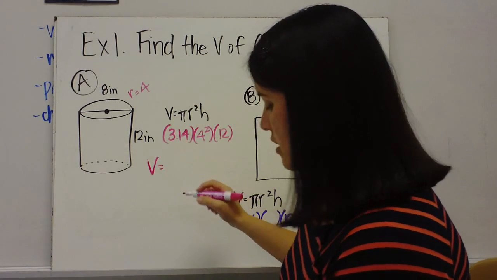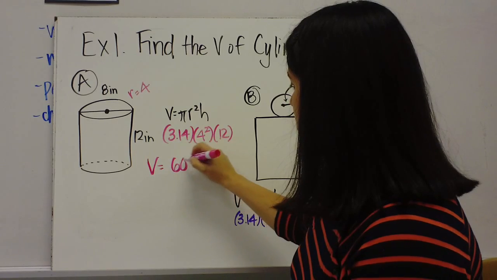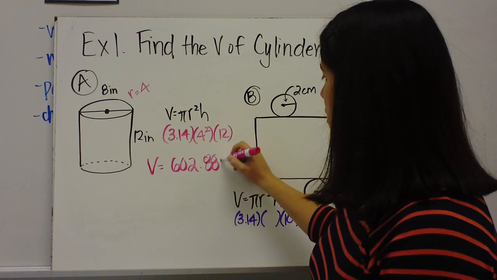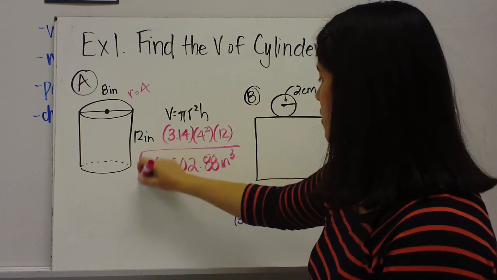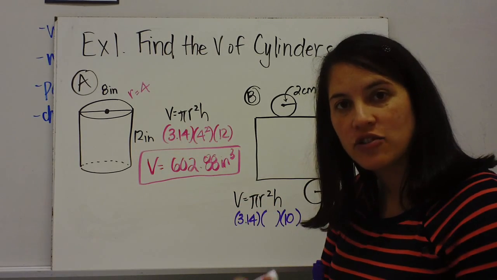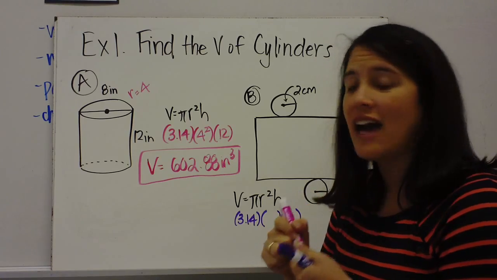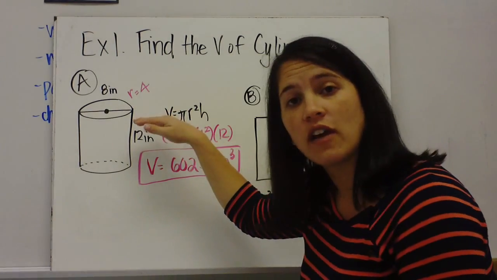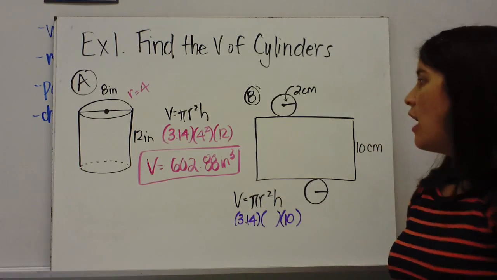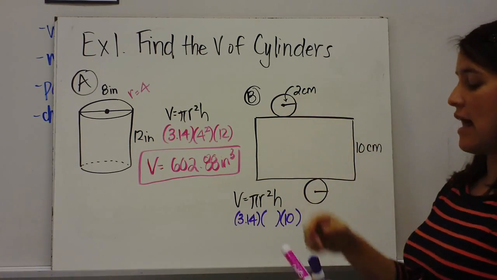And our volume is 602.88 inches cubed. And again, I had a diameter that goes all the way across, and I had to half it for the radius.